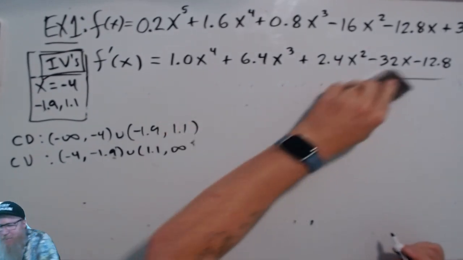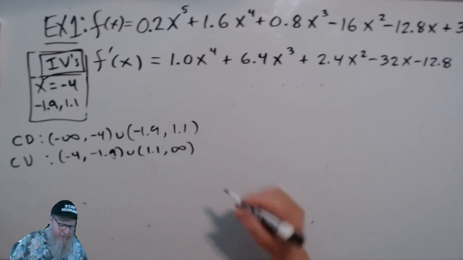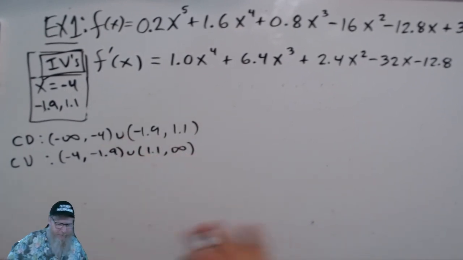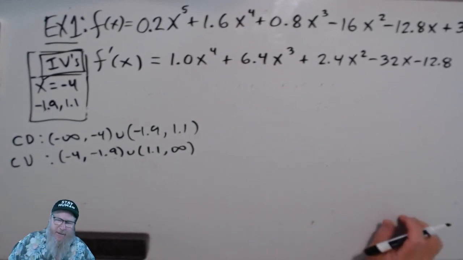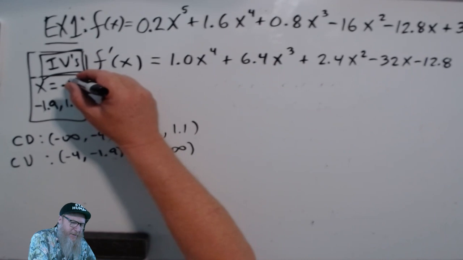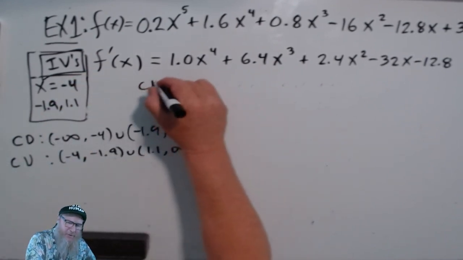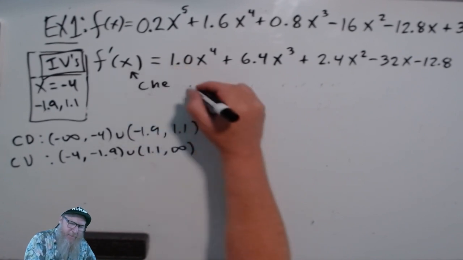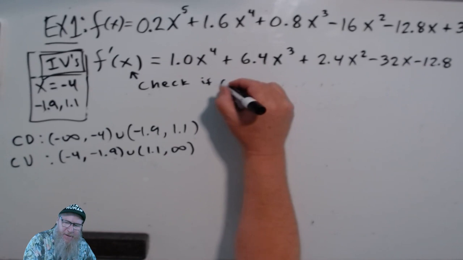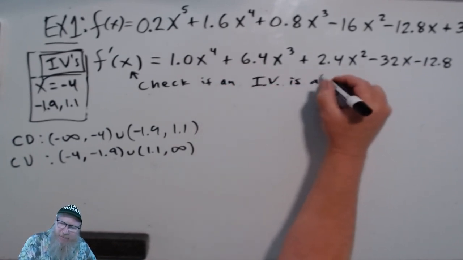All right, now we've been waiting on this one. So sometimes one of these inflection values, now we're coming back to this, check if an inflection value is also a critical value.